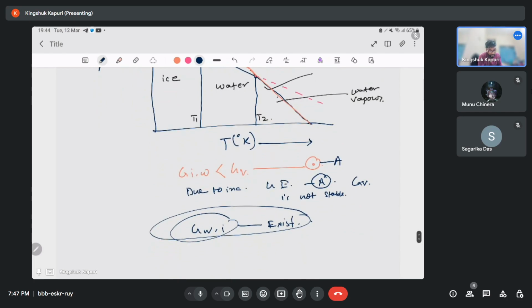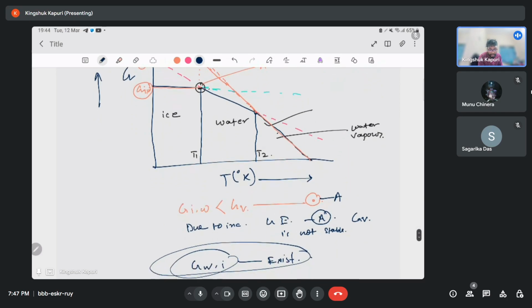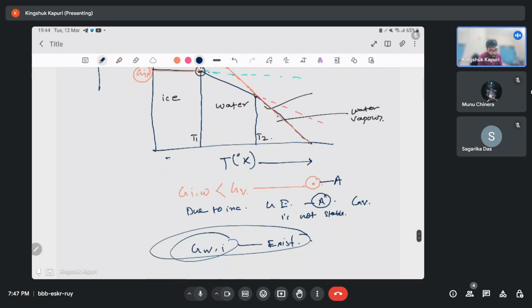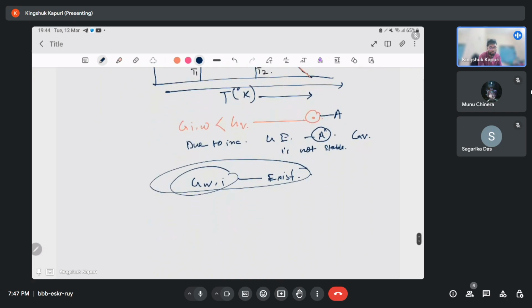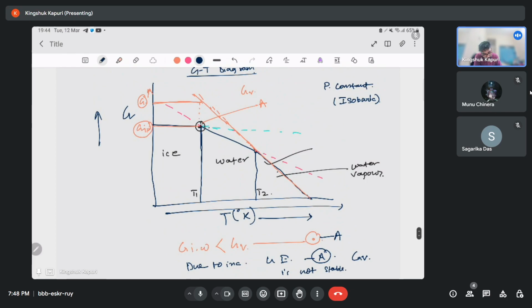And also one thing, the temperature is changing as you are moving from left to right. The temperature is changing, but the pressure is in an isobaric condition, meaning the pressure is constant, right? So if the P remains constant, the ice and water will be together, so the temperature will be fixed at T1. See, at this point the temperature is fixed.